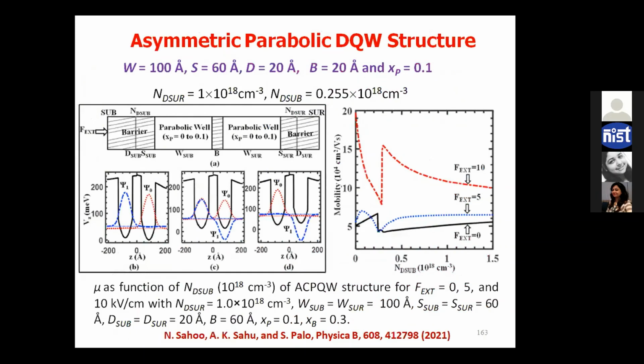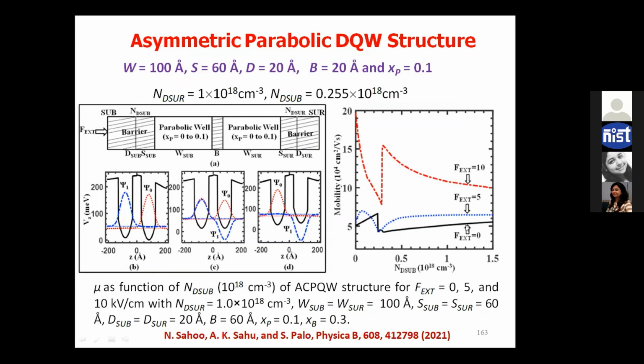So this is in a recent paper of ours where we modulate a double parabolic quantum structure. We dope the right barrier, the surface barrier, with 1 into 10^18, and we change the doping concentration on the substrate side, and we apply different field.